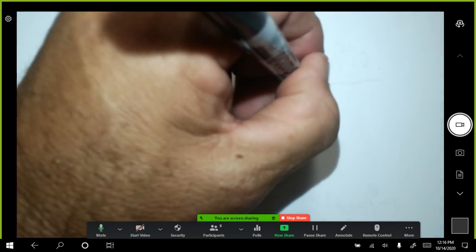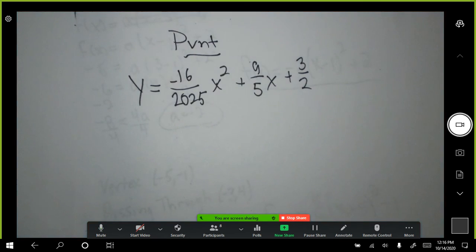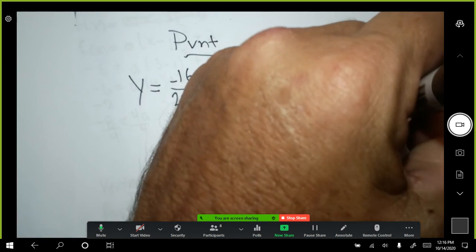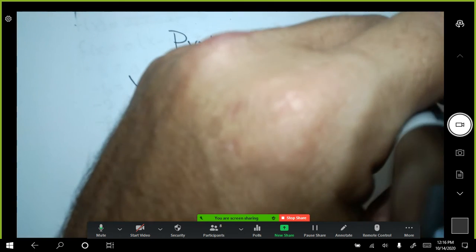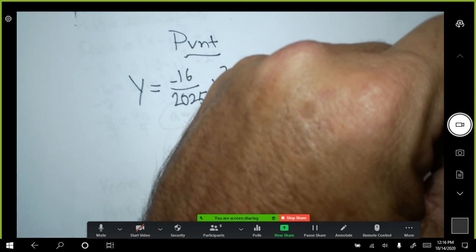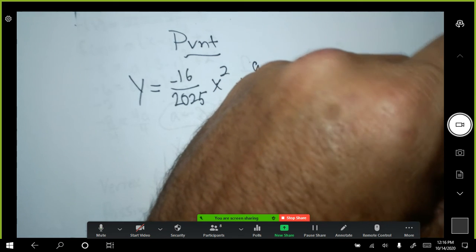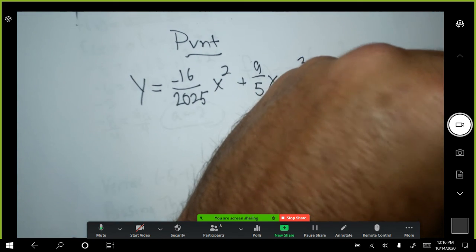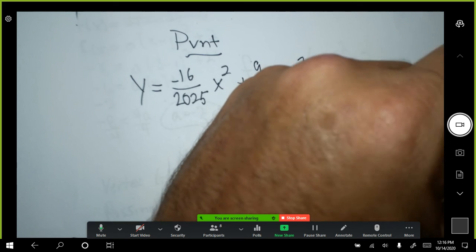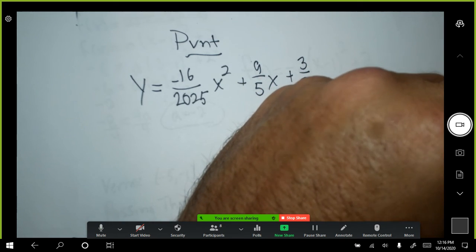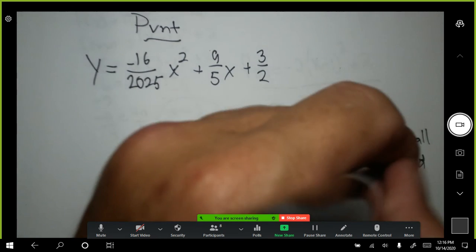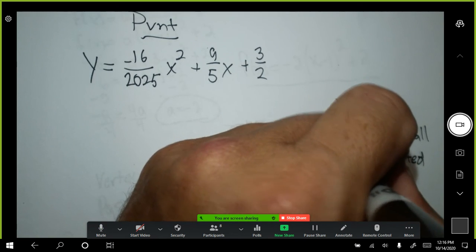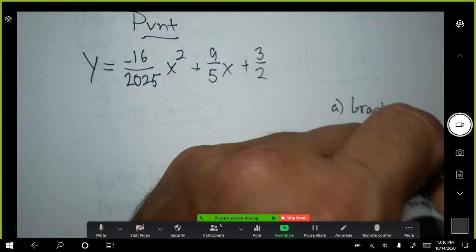There's going to be a problem just like this on your assignment. And they want us to look at the graph of it. They want us to find how high the ball is when punted. They want to know how high the ball goes.